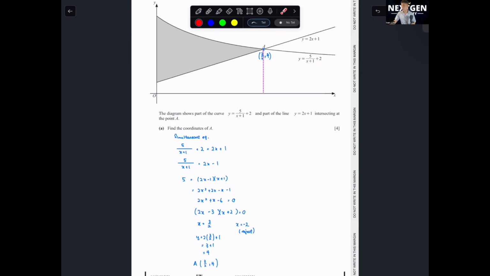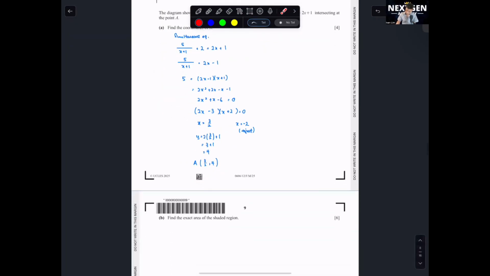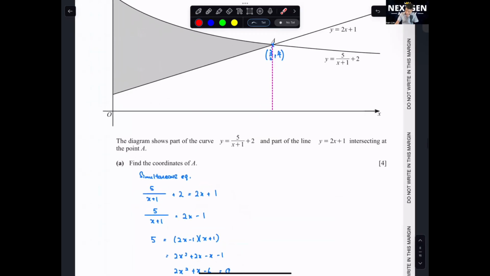Let me just do it here. Oh, sorry. Actually, you can do the area of a trapezium as well. We keep it simple. Let us do 5 over x plus 1 plus 2 first. So I will take the area of this minus the area of this trapezium. Let's do the working here.